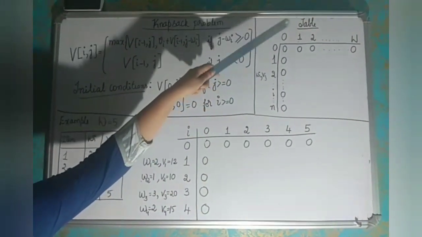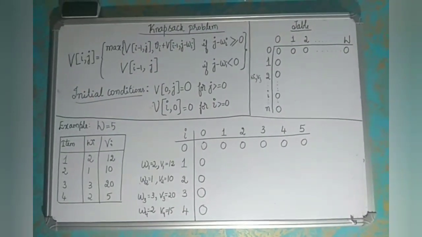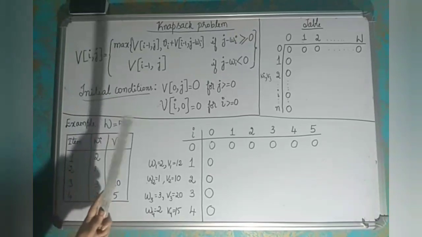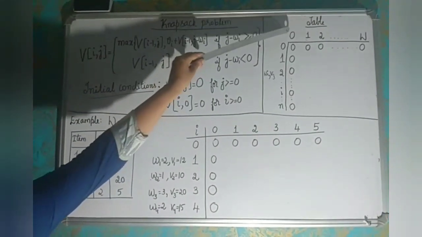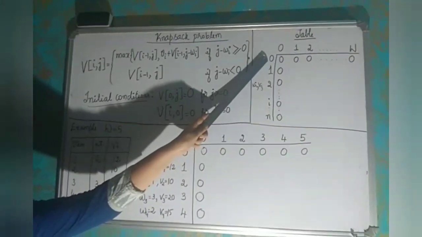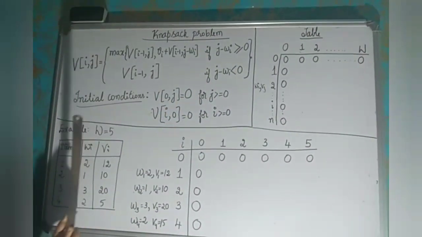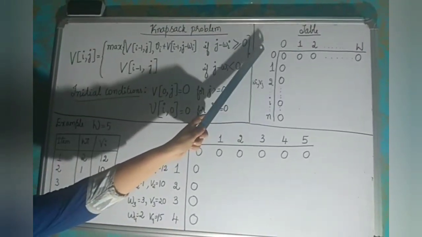Now, what should be the total number of rows and the total number of columns in the table? Both the row index and the column index must start from 0. Next, the total number of rows.